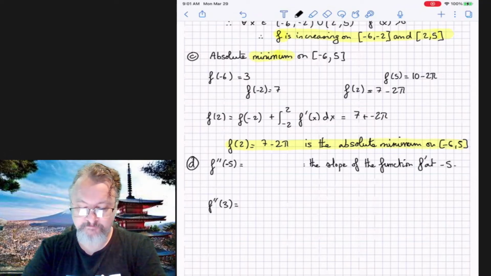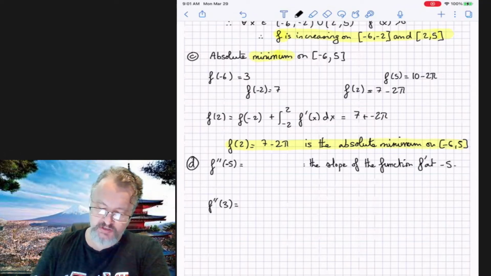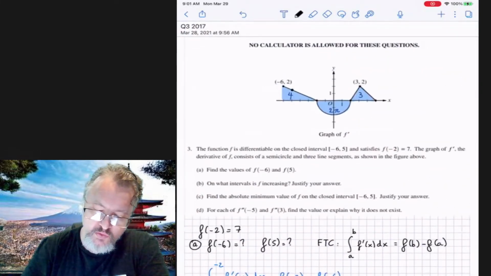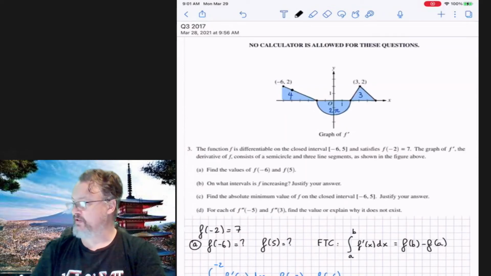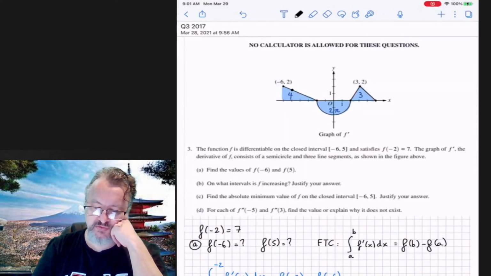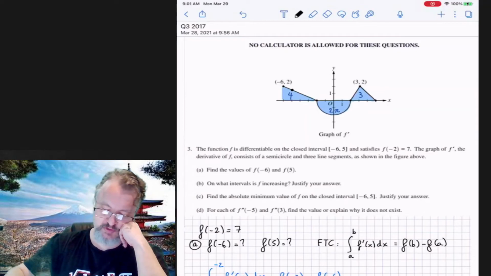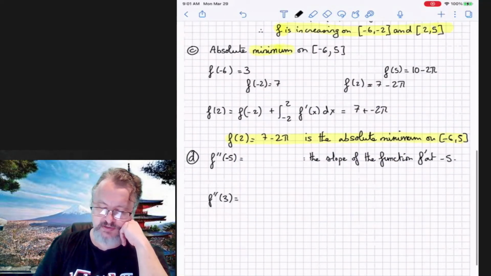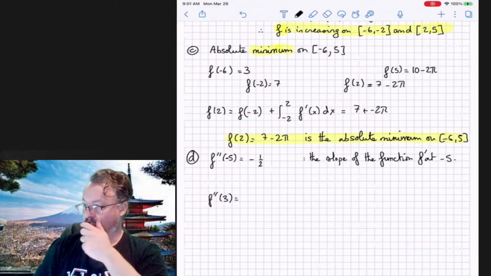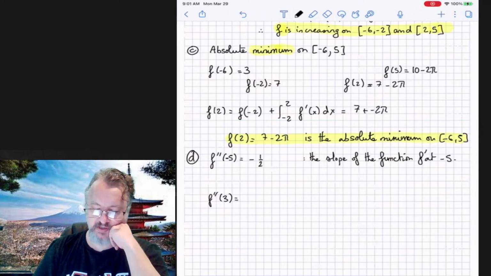Are we okay with that? So let's look at it. At -5, what is the slope right here? It's going to be -2/4 over that segment, so it's going to be -1/2. Okay, so this is going to be -1/2, and we're good.